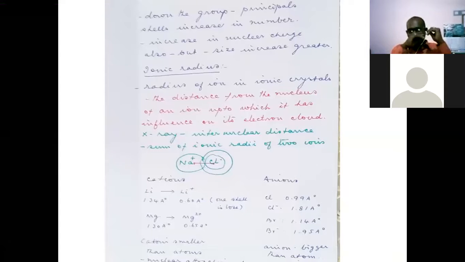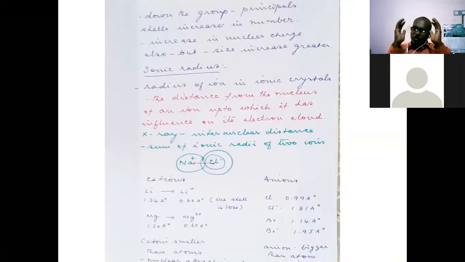So the next point we are to discuss is the ionic radius. Ionic radius is the radius of an ion in the ionic crystal, or it is the distance from the nucleus of an ion up to which it has influence on its electron cloud.